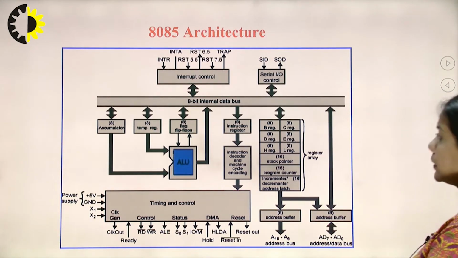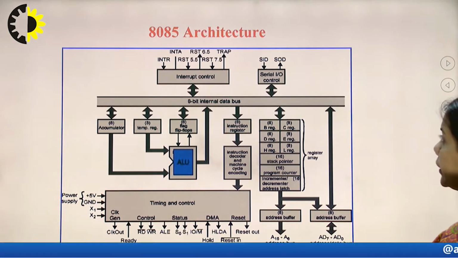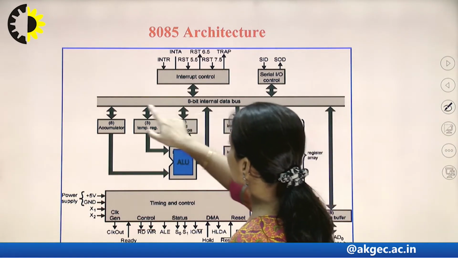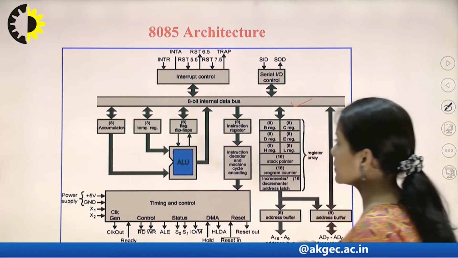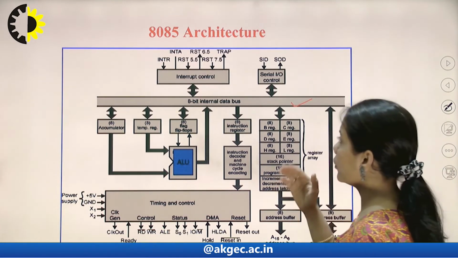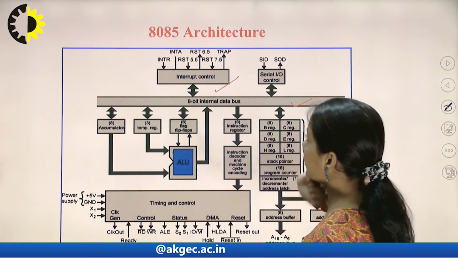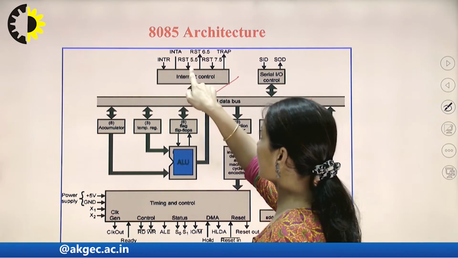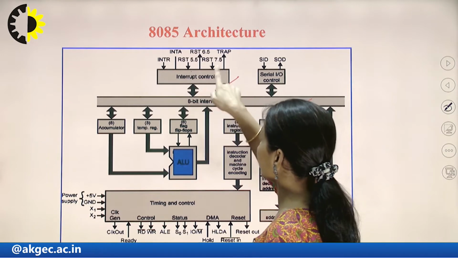This is the complete internal architecture of 8085. Here we can see the 8-bit internal data bus, which is connected to almost all the modules. This is the interrupt control module, which has INTR, RST 5.5, 6.5, 7.5 and TRAP.